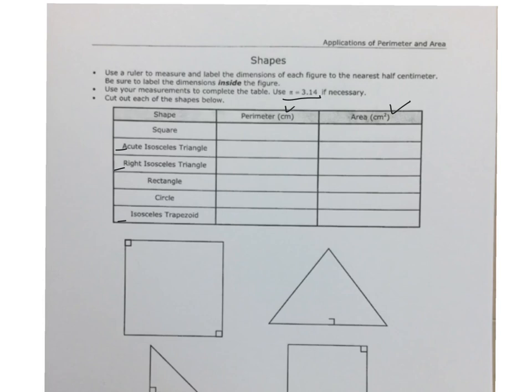It says to cut out the shapes, but we're not going to cut out the shapes just yet, okay? I want you to find the perimeter and the area of each of these figures.